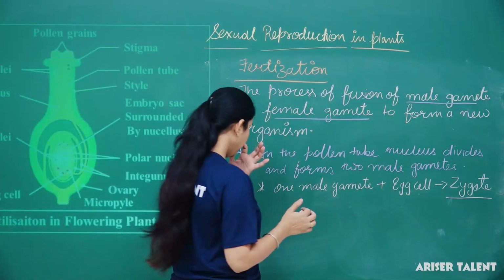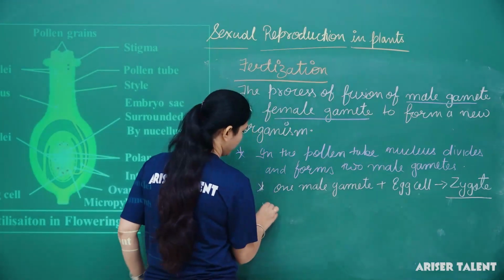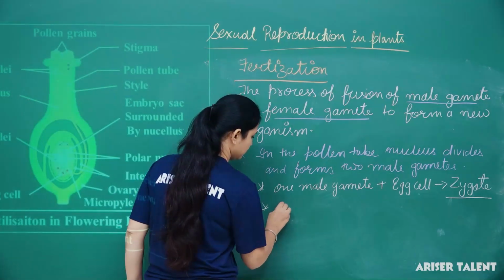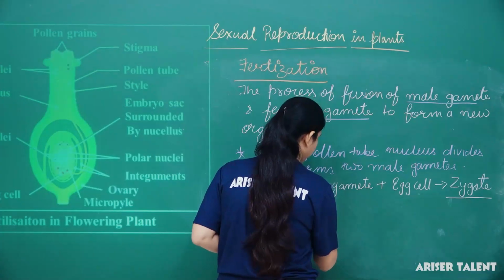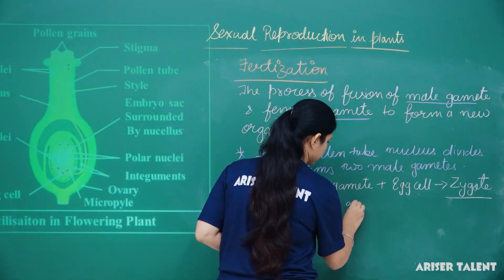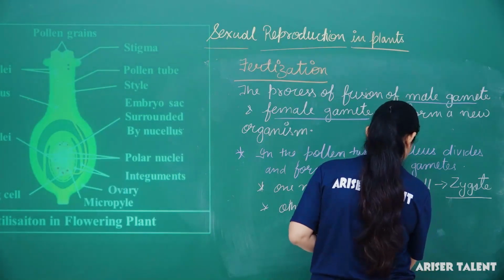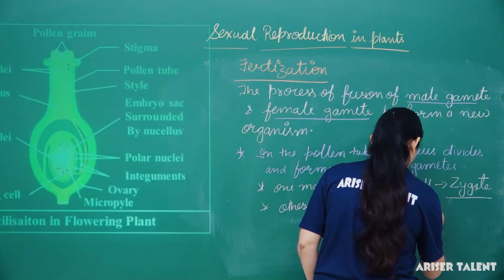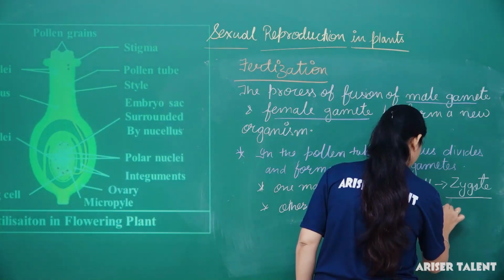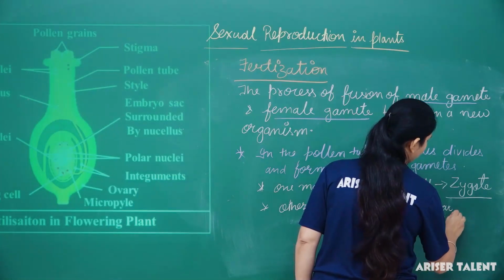And the other male gamete fuses with the two polar nuclei. Okay, and what do they form?